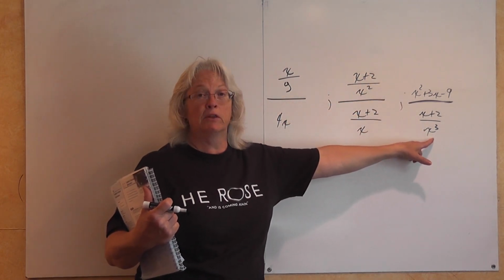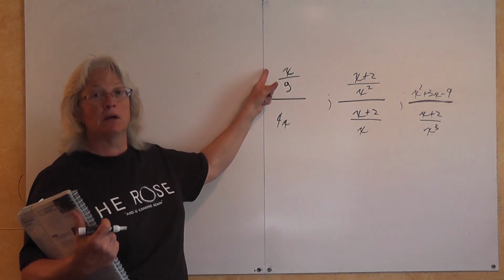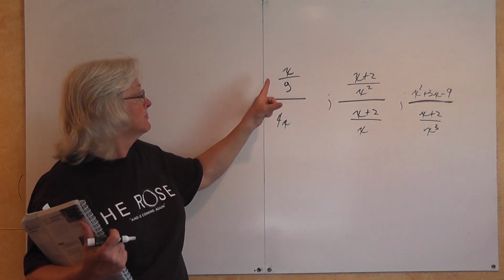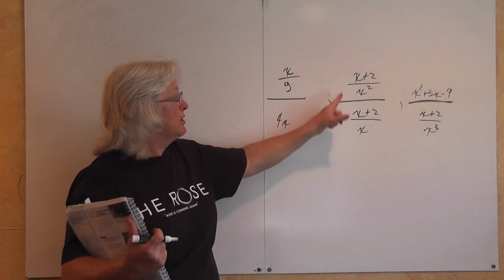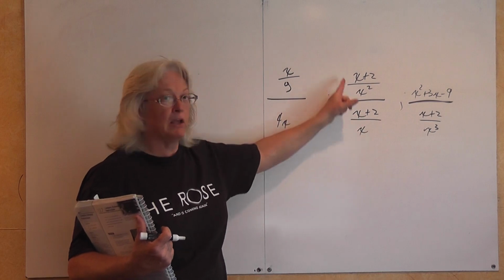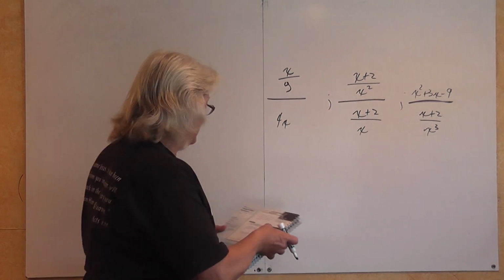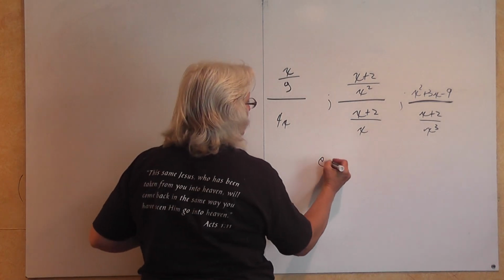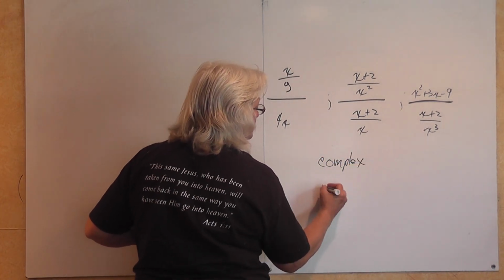This time, the denominator has the rational expression. This time, the numerator has a rational expression. Both the numerator and the denominator in our second example contain rational expressions. So these are called complex rational expressions.